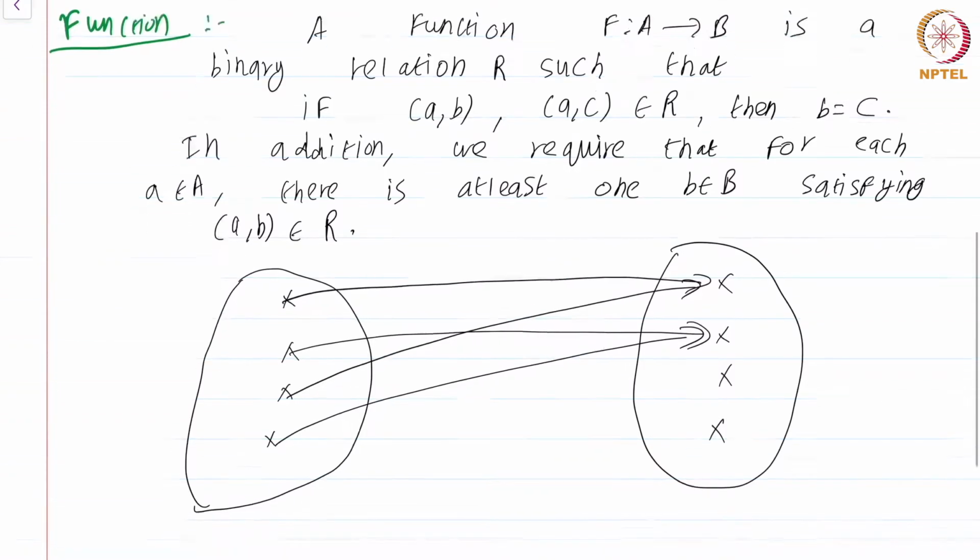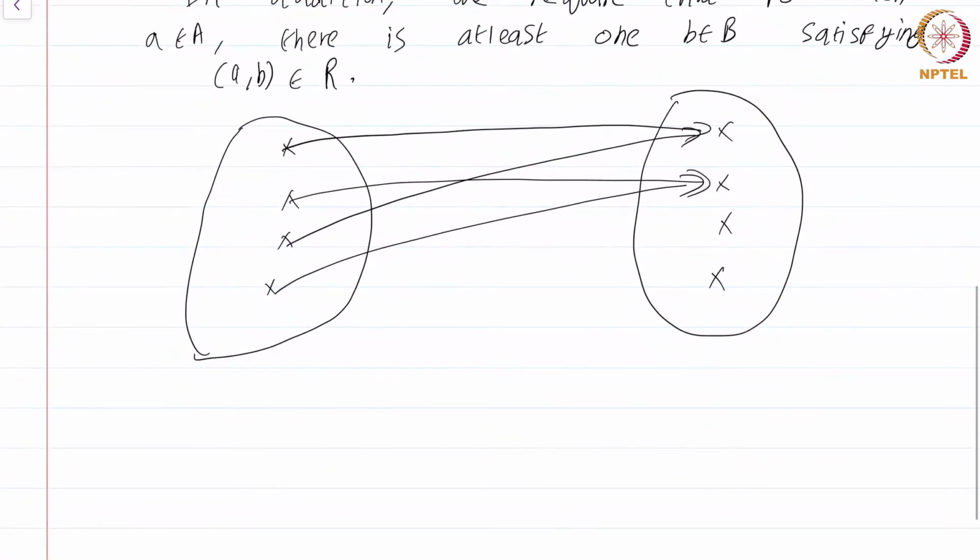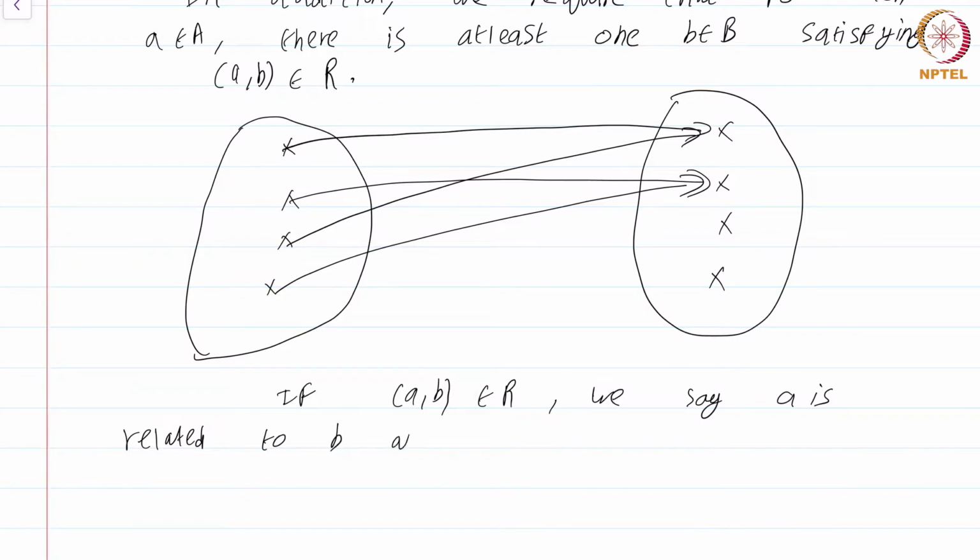Okay. So, implicit in my discussion above was this talk about an element being related to another element. What this means is if (a, b) is in the relation R, we say a is related to b, and write aRb instead.